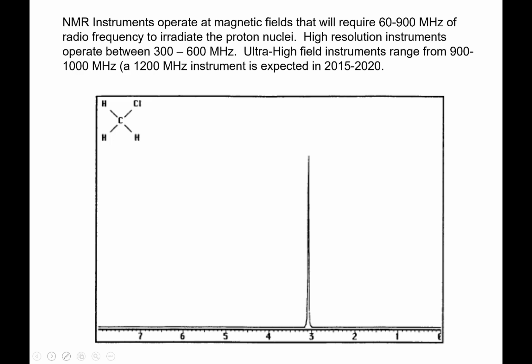Normally what we do is we represent the magnetic field by how fast the proton precesses. So if they're precessing at roughly 60 megahertz, we have a 60 megahertz instrument. If they're precessing at 1,000 megahertz, a gigahertz, then that's how we measure it. Those NMR instruments run anywhere from 600 to 900.